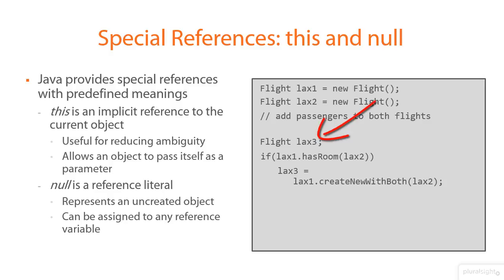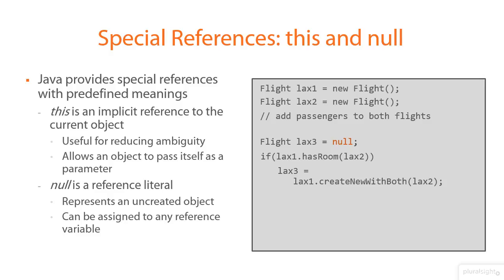Notice that with our flight lax3, if there wasn't room to combine them, lax3 could end up set to nothing. We learned earlier that local variables cannot be uninitialized, so we need to initialize lax3 to something, and we want to initialize it to no object. That's where null comes in. So what we can do here is simply say Flight lax3 equals null. Now it's initialized to point to no object at all.